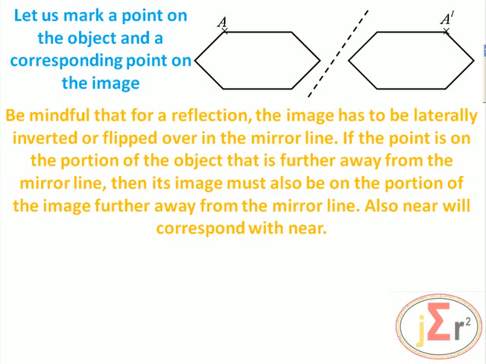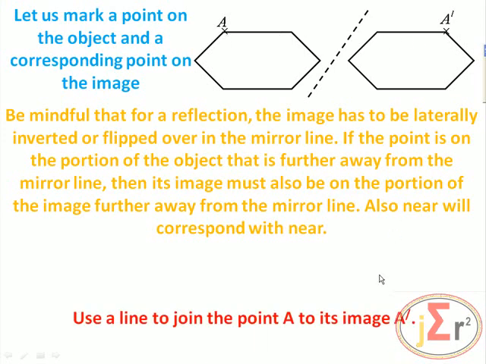So if we have this point right here, and let's say this is a mirror line, the image of this point could not possibly be here, because if this is to be reflected in the mirror line, then since it's a point further away, the image will be a point further away.